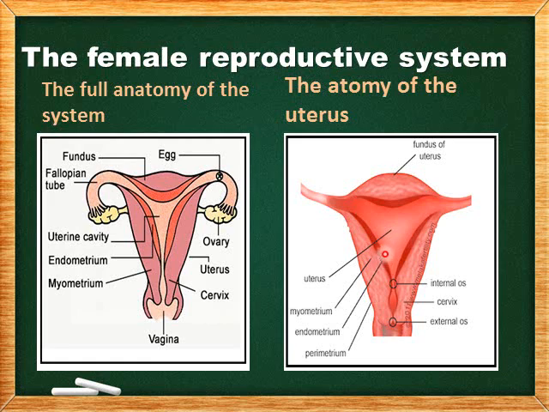The only layer we are interested in today is the endometrium. Why am I interested in the endometrium, the inner layer? Because it's the layer important for implantation, and the layer which helps the embryo to develop and become a fully formed baby inside the uterus.